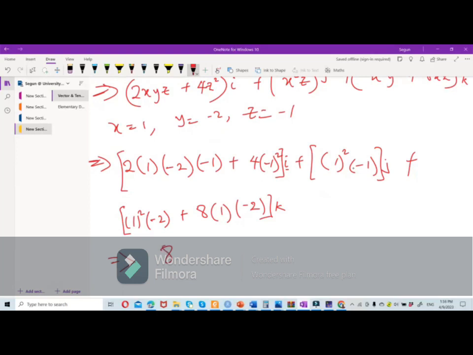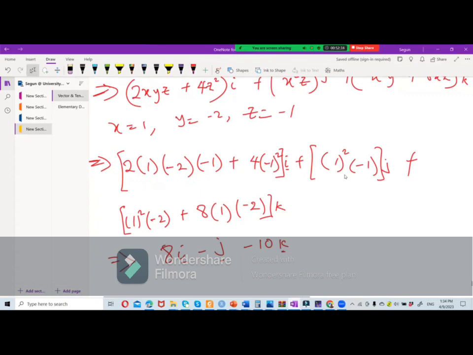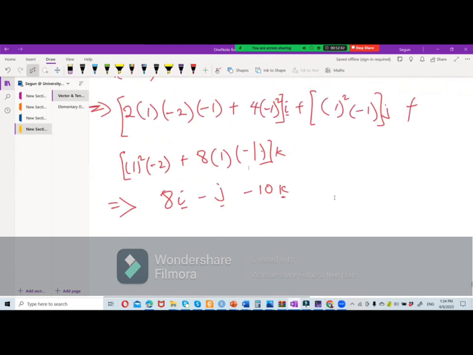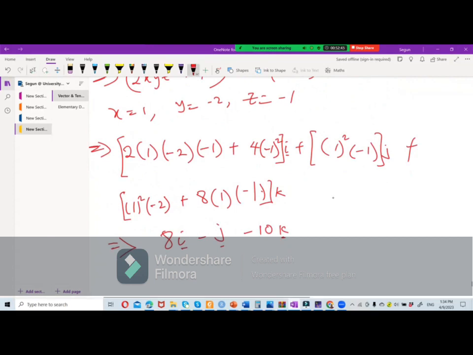If you do it very well, you have 8i minus j minus 10k. So the last part, the 8 brackets 1 minus 2 is supposed to be -1 because z is -1. Thank you. Are we all together now? So at 1, -2, -1, that's why we have this.